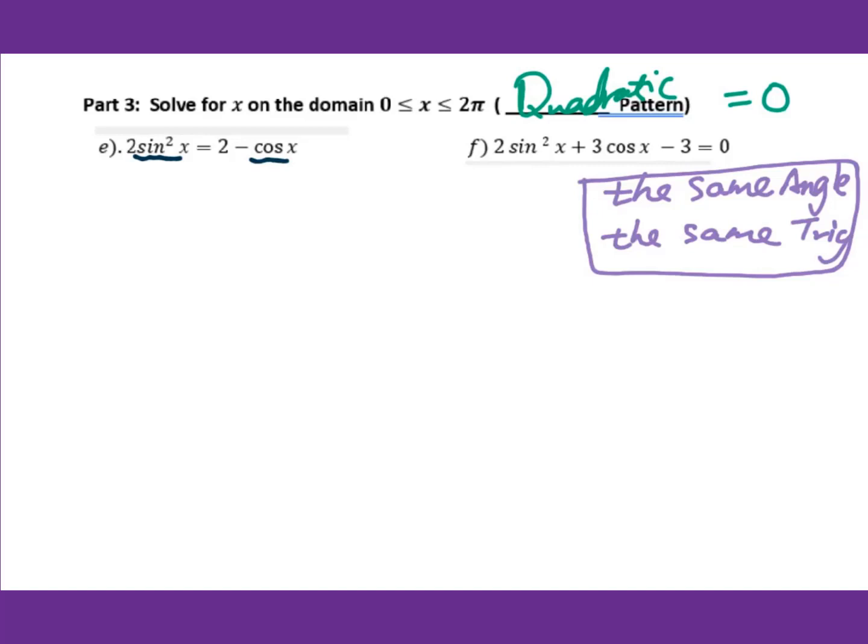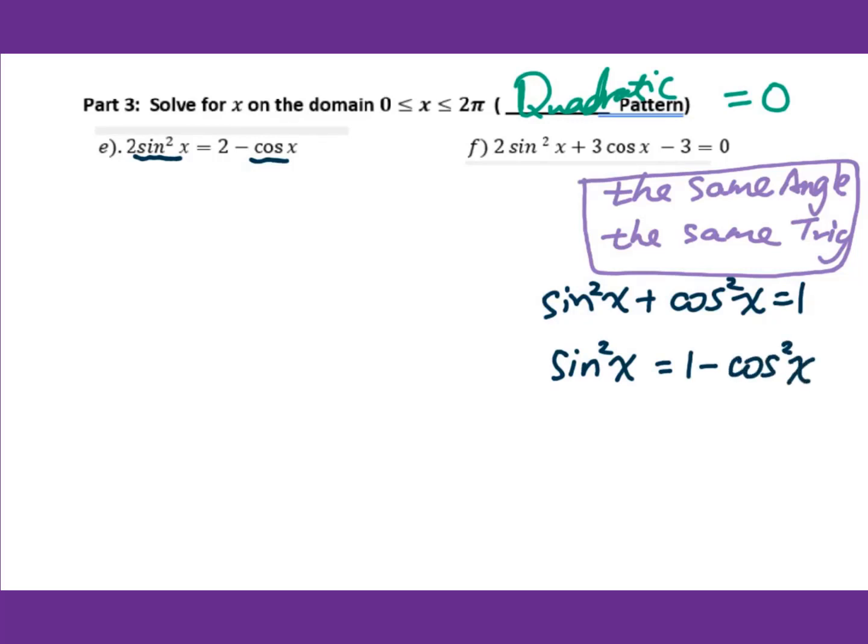sine into cosine. Using this formula, we have sine squared x plus cosine squared x equal to 1. In other words, we got sine squared x equals 1 minus cosine squared x. So we change sine squared x into 1 minus cosine squared x.